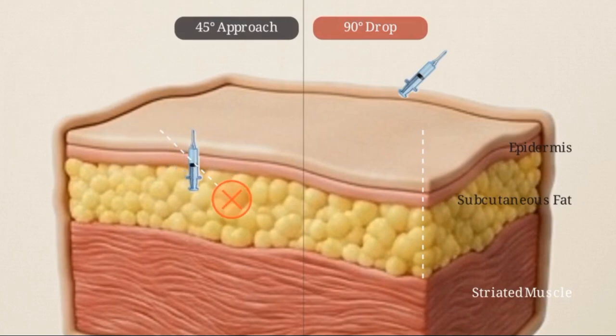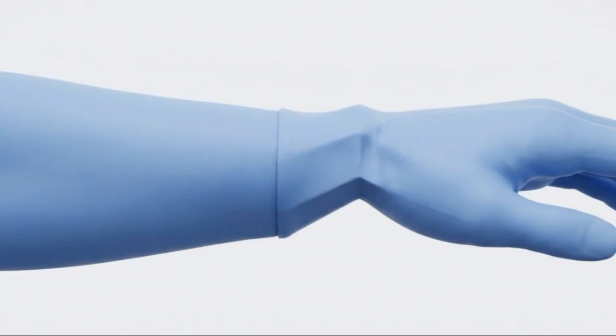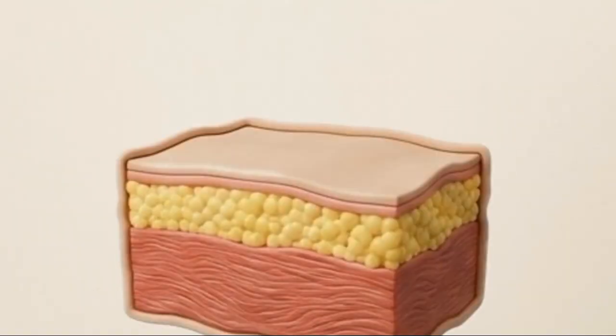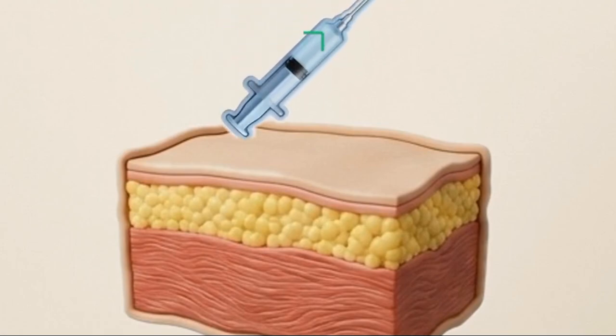Because of the angle, the slanted needle fails to clear the fat layer, while the vertical drop hits deep muscle perfectly. To achieve this, physically lock your wrist. Position the needle so it is pointing dead straight down at your selected site. A perfectly selected anatomical site fails if your trajectory is flawed. Maintaining geometric discipline guarantees target acquisition.